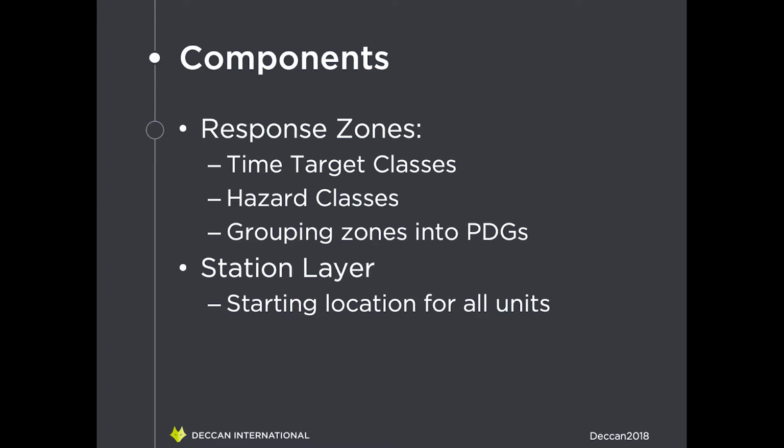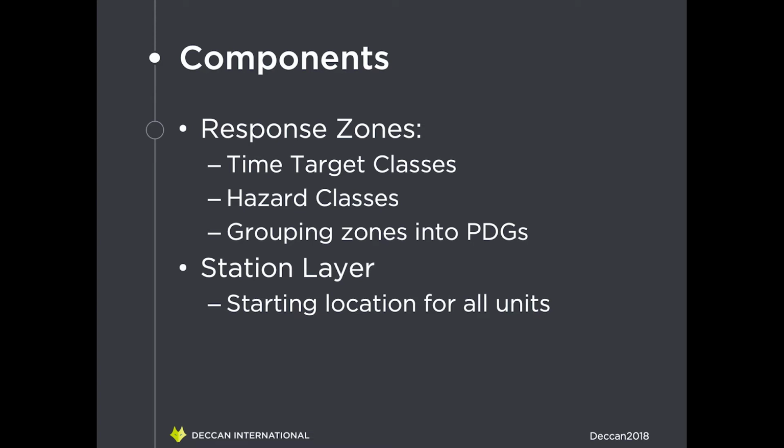They can be labeled to help you determine what happens when you have different hazard or time target classes. I've just turned on the time target layer. In this particular demo, everything has a city time target, but you would be able to determine the impact if you had different zones with more rural time targets out here, if not every zone is held to the same time target.